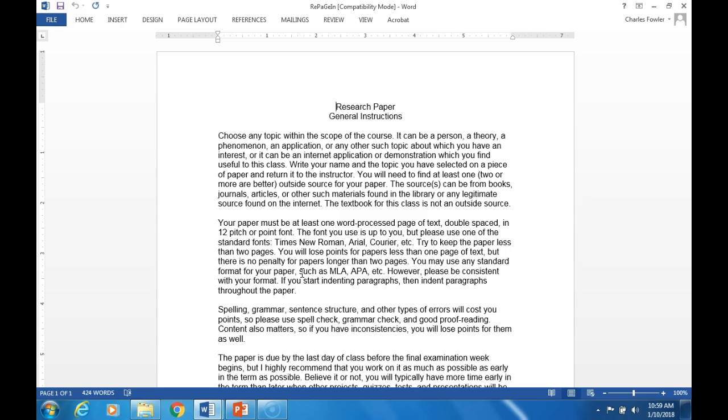Oh, wait a minute. These are the same type of citations, but they're in different formats. I think I know what happened. In this one up here, that was using one format, and the student sort of copied that format and used it for this paper. And then down here, it was someone using a different format, and they use that.